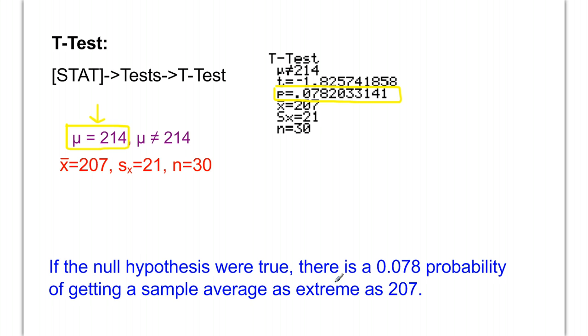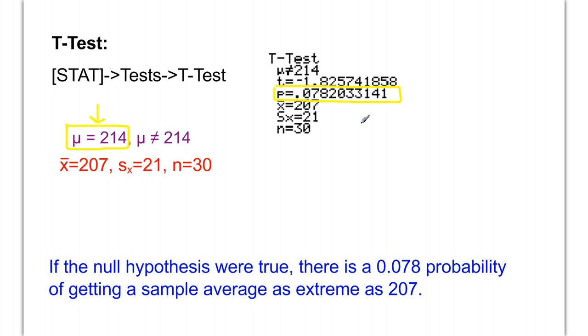If we assume that were true, there would be a 0.078 probability, or a 7.8% chance, of getting a sample average as extreme as 207. There's this probability that our sample average is going to be that far away. It's going to be 7 away. It's not particularly likely. It's less than 10% likely, but more than 5%. So we end up in this value, and that's what the p-value is.